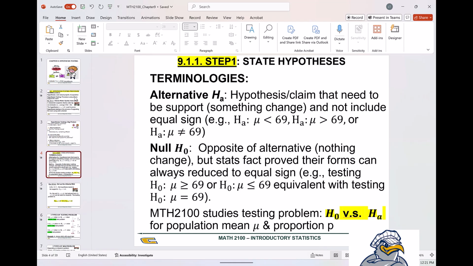And there are different kinds of hypothesis settings too, but for our class, we just look at this kind of hypothesis setting framework. Okay. And the null H naught is that which is the opposite of the alternative. In this case, it says nothing changed. But a fact proves that the form can always reduce to the equal sign.